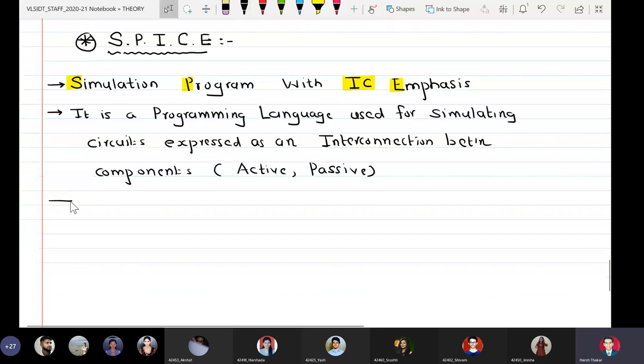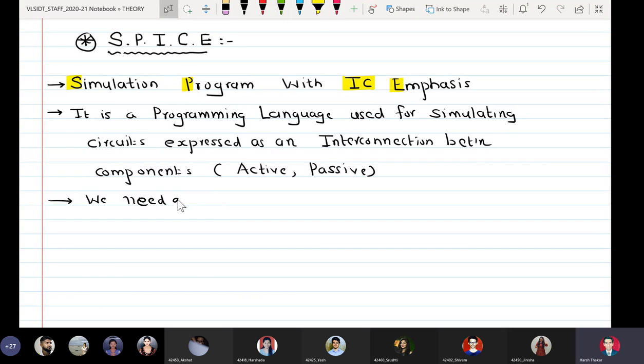Third important thing is that we need a SPICE engine to run such programs. We need a SPICE engine to run a SPICE program.